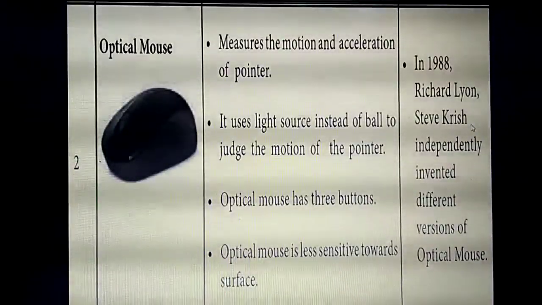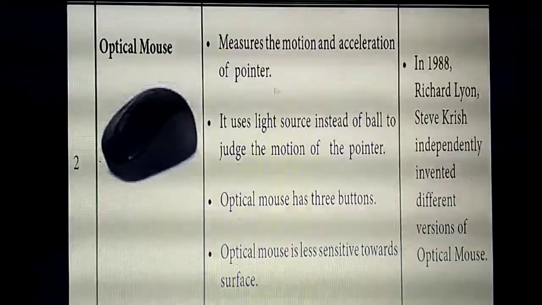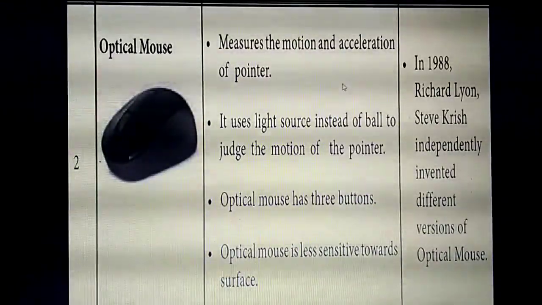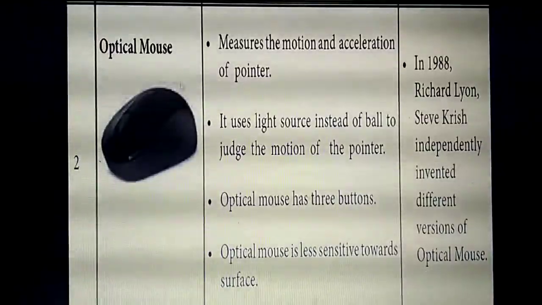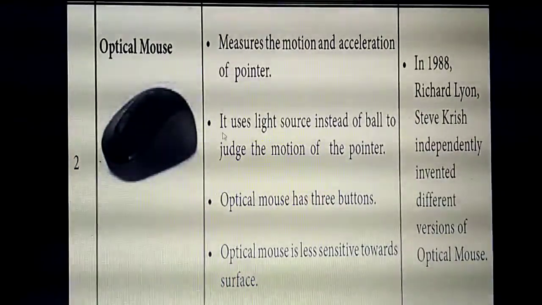So using that light instead of the ball, we judge the motion of the pointer. When I move this pointer from here to here, how will it judge where the pointer is placed? Using that light source. Understand? So instead of scrolling the ball, this optical mouse uses a light source.